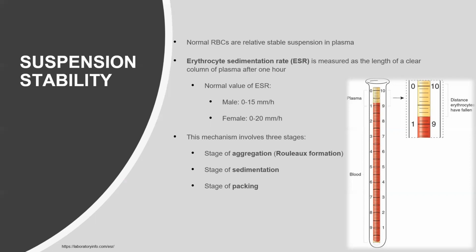So if you can see here, normal values of ESR in males and in females are given in millimeters per hour, right? Because it's the length of a clear column of plasma after 1 hour. So here you can see it.